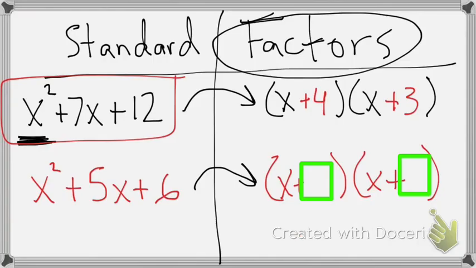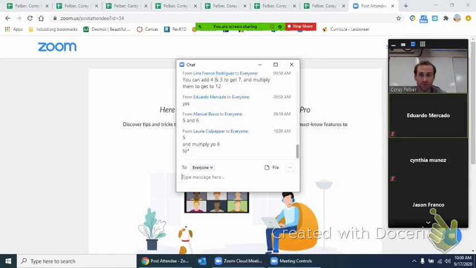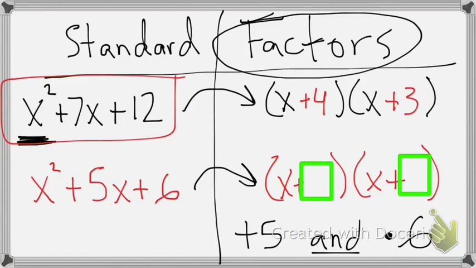They need to add to 5, and they need to multiply to 6, right? Good, perfect. So now think about this, okay? Think about two numbers that add up to 5 and also multiply to 6.